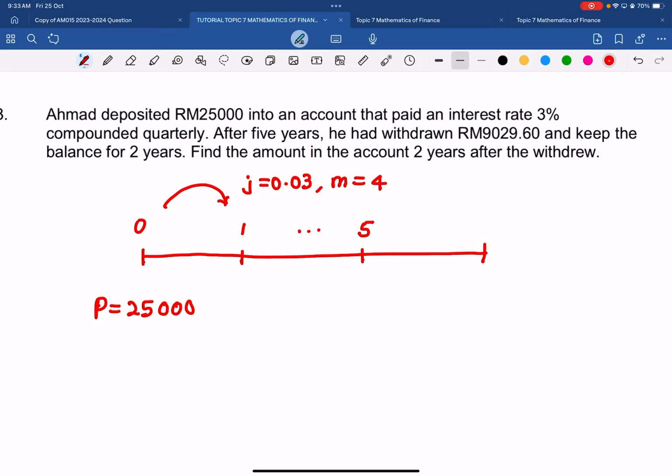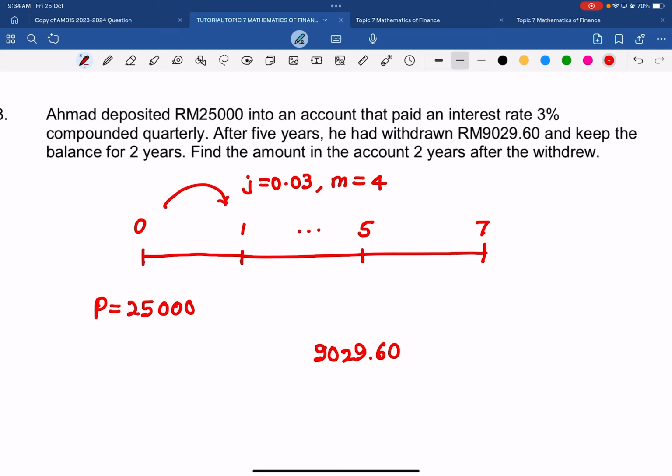After 5 years, he withdrew 9,029 ringgit and 60 cent and kept the balance for 2 years. So 7 years altogether there. Find the amount in the account 2 years after the withdrawal.